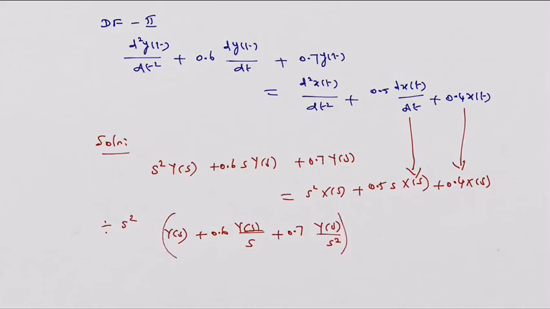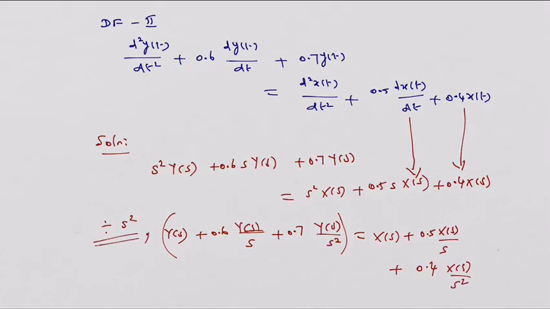This is on the left hand side, whereas on the right hand side you will find X of s, because s squared by s squared gets cancelled, whereas the second term will become 0.5 X of s by s, because s divided by s squared will become 1 by s. The next term will become 0.4 times X of s by s squared, because throughout the equation we divide by s squared.